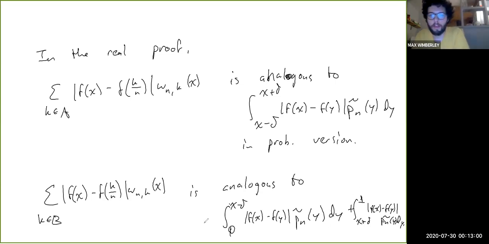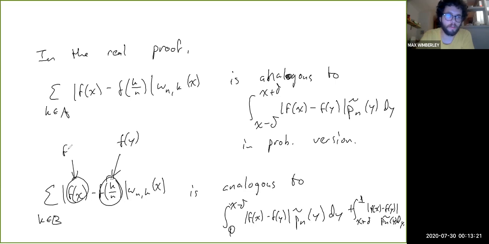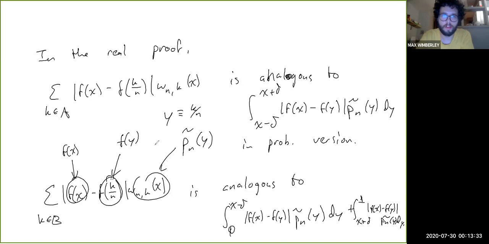Okay, so the analogy can be made very explicit. You can see that this plays the role of f(y), this is obviously f(x), and this is p_n tilde(y), where y is like k over n in the analogy, right?